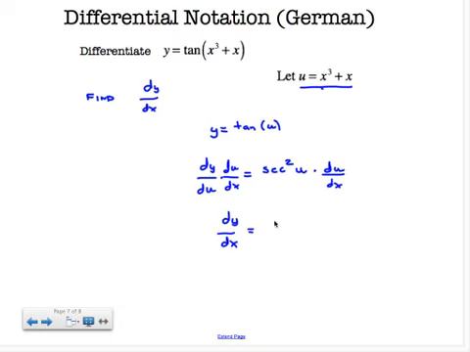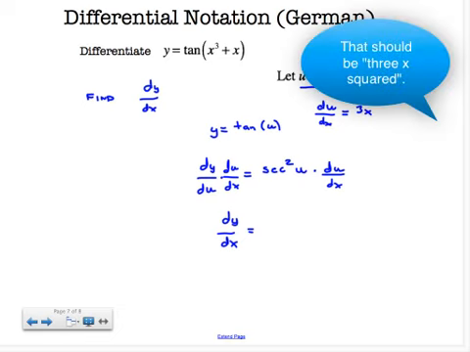Now I need to figure out what du dx is, and I go back up here to where I have u defined in terms of x. So here I would say, all right, du dx is equal to 3x squared plus 1.